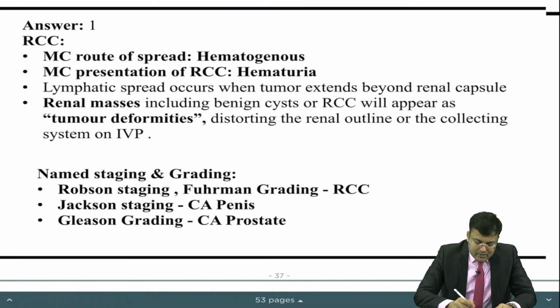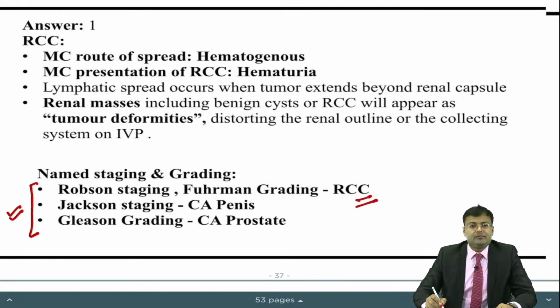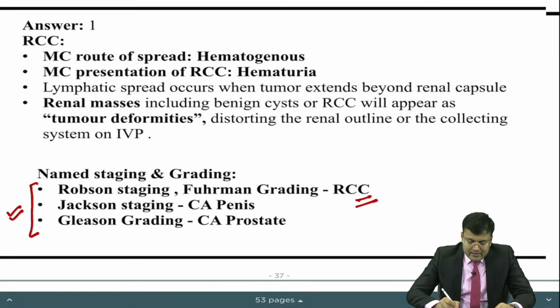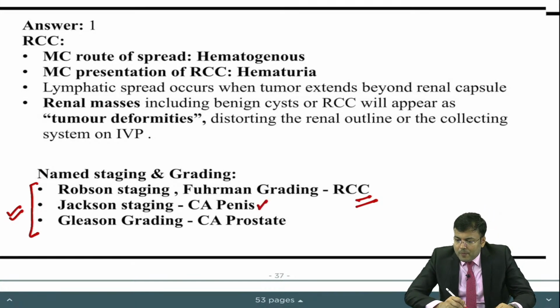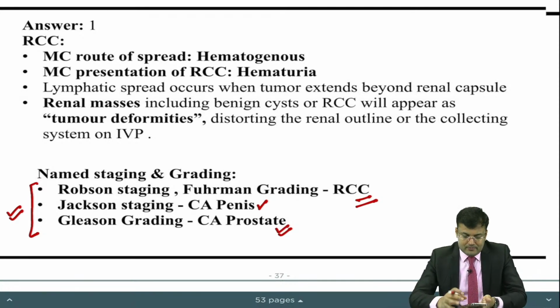There are named gradings or named stagings which are asked. Robson staging, Fuhrman grading, these are seen in RCC. Jackson staging in carcinoma penis and Gleason grading in carcinoma prostate. Gleason grading, carcinoma prostate. Simple.